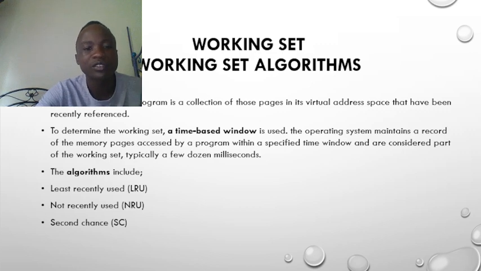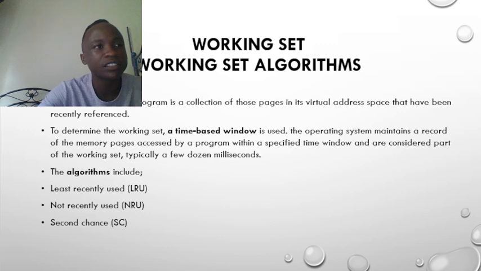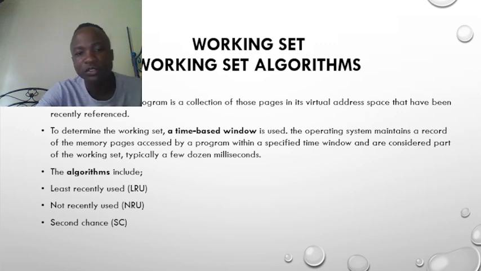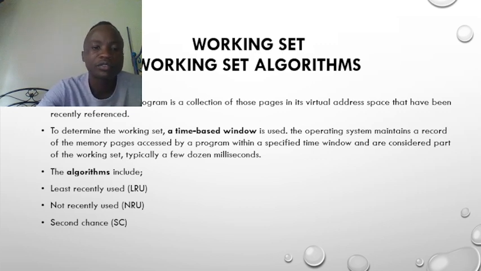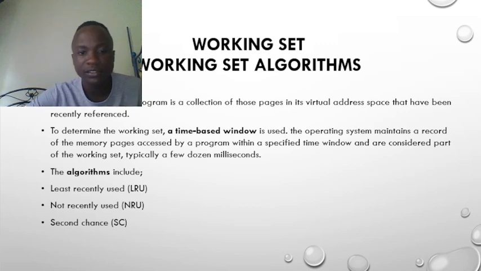With not recently used, in order to avoid overwhelming a resource, the CPU will resort to a not recently used resource. Second chance gives a program another chance for execution or for complete execution.